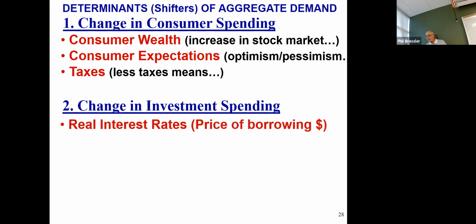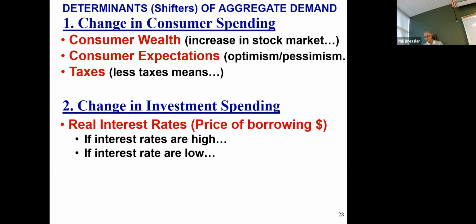All right, investment spending, we talked about it. High interest rates, investment spending down. Low interest rates, investment spending up. Investment spending has nothing to do with stocks and bonds. Okay, interest rates high, investment spending down.